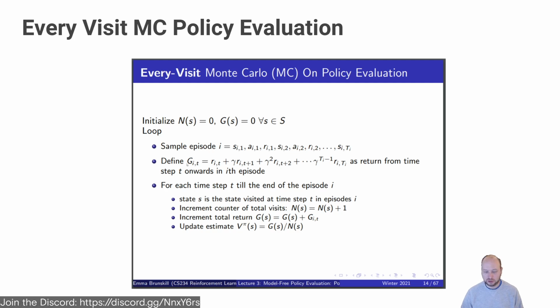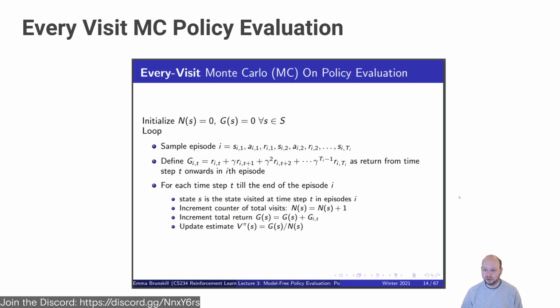We define that return in the same way as a return from time t onwards in the episode. And now instead of just the first time we come across a state, we do this every time we come across a state. So, state S is going to be the state visited at time step t in episode i. So now we increment the number of visits, and this is done every time. And we increment the total return like that, and then we divide it.